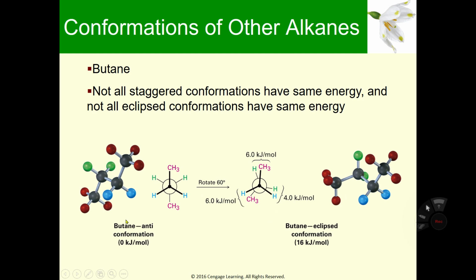So the energy difference between this staggered form and this eclipsed form of butane will be about 16 kilojoules. Right? In butane, we call this the anti conformer. This is a staggered conformation, but we call this the anti conformation because these two methyl groups are opposite each other.